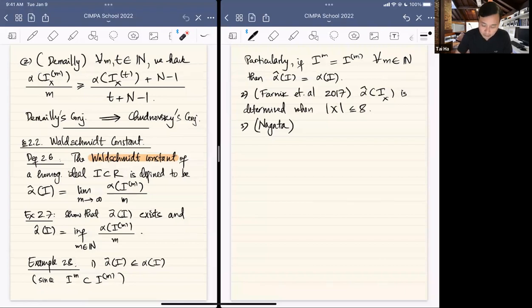Basically, maybe I should say that Nagata did this for n equal to 2, meaning points in P2, and it was generalized for all n by others. I might not remember precisely who's the first one. But the method of generalization is quite straightforward.